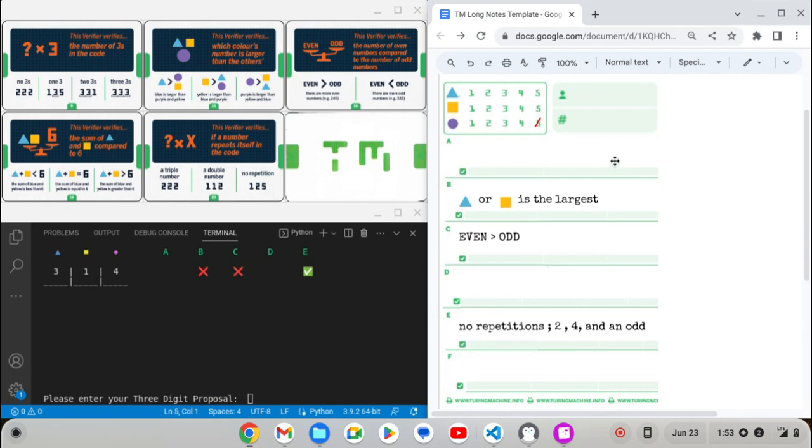But in this case, the only thing we can say for sure is that circle cannot be a 5, but potentially triangle or square could be a 1. It's just that the other one is the largest. Okay, so I think that's it for this round.